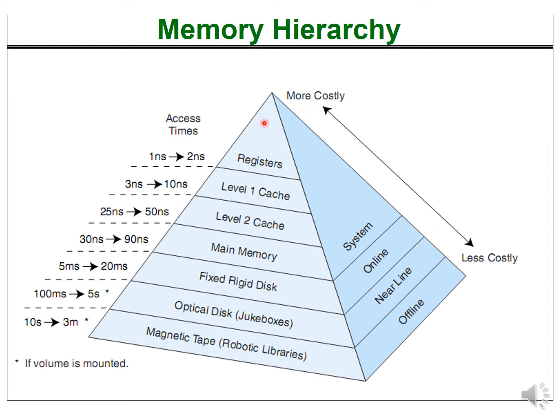The basic idea is, as you go up the hierarchy from the bottom to the top, the size of the memory decreases, the speed of the memory increases, and the cost of the memory increases. We can say it also like that: as we go down the hierarchy, the size of the memory increases, the cost of the memory decreases, and the speed of the memory decreases.